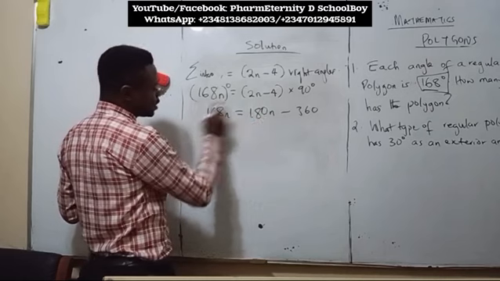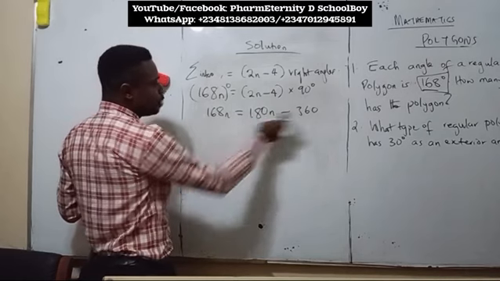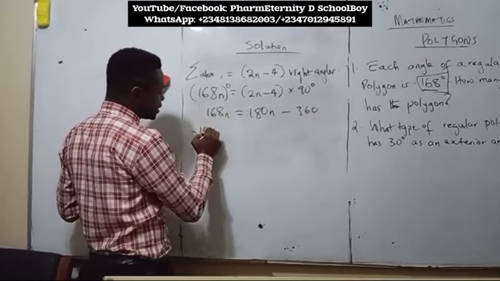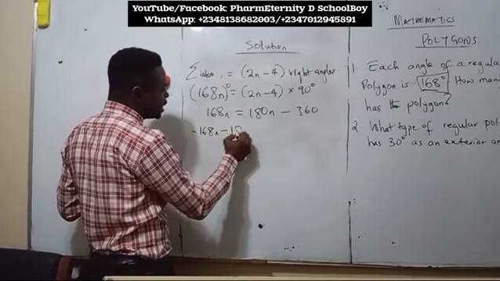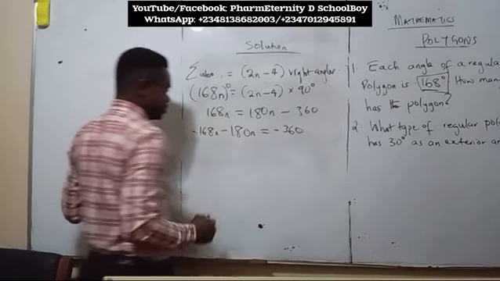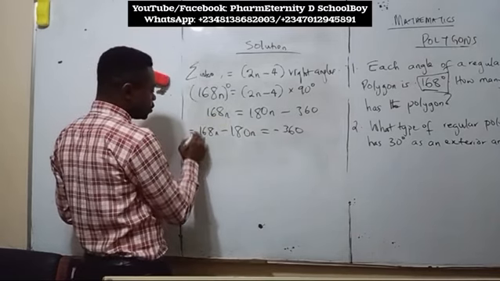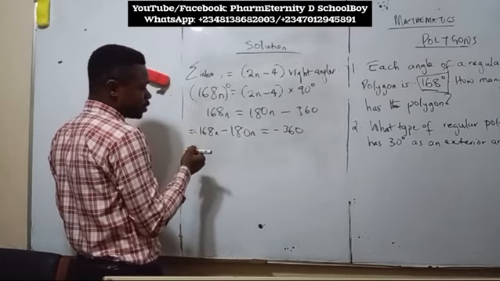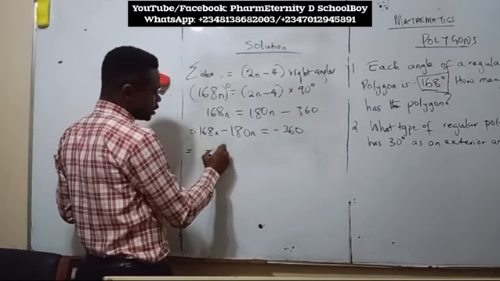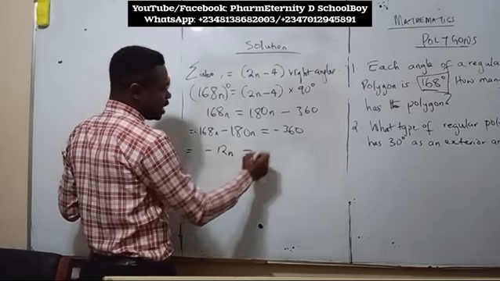We either move this to this side, or you simply move this to this side. Any of the ways. So let's do 168n minus 180n is equal to minus 360. So this is now equal to 168 minus 180 is minus 12. Is minus 12n. Minus 12n is now equal to minus 360 degrees.